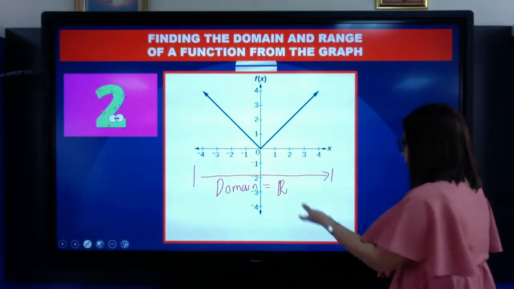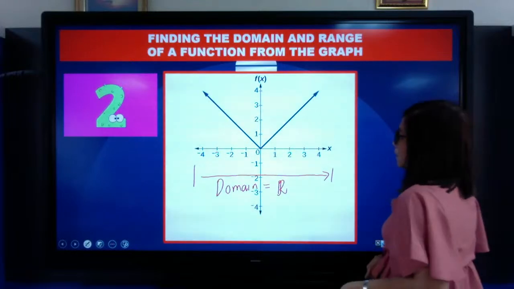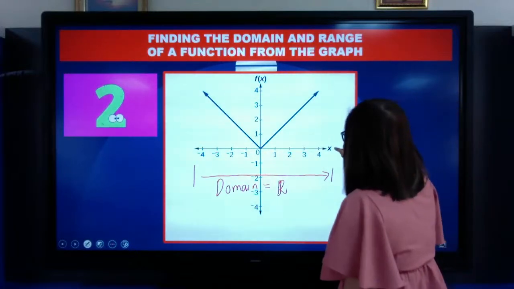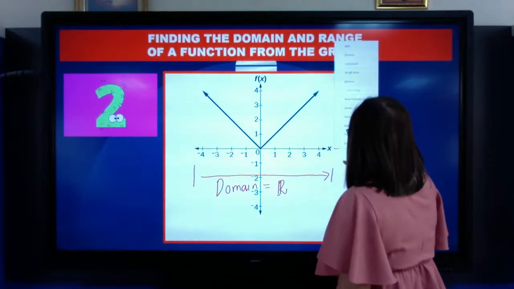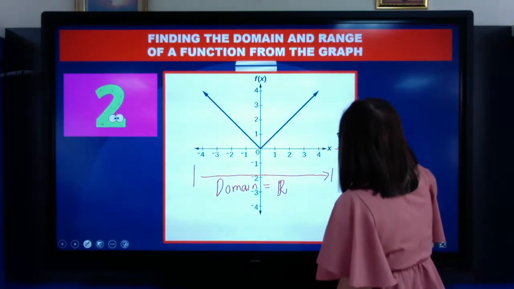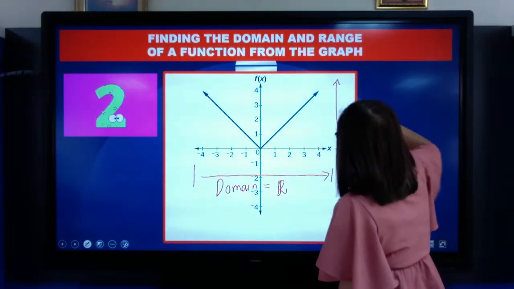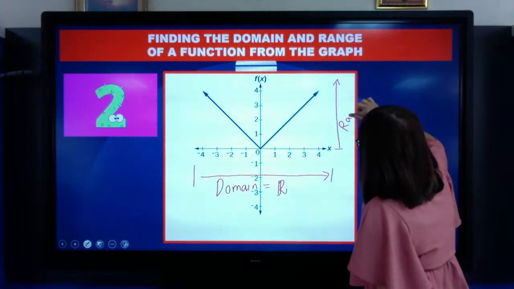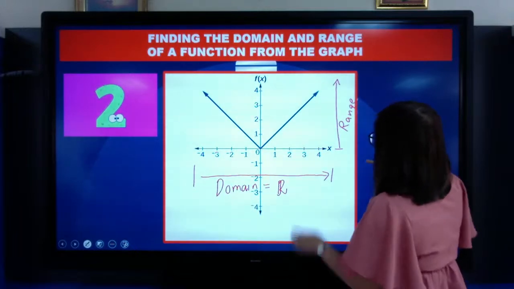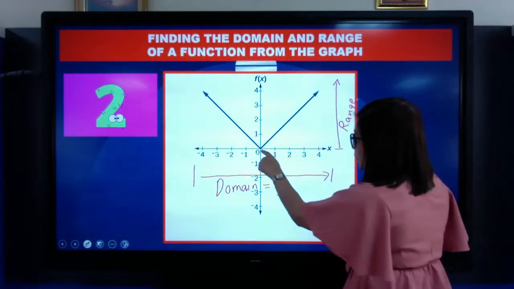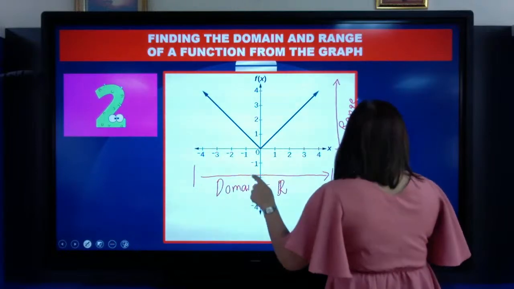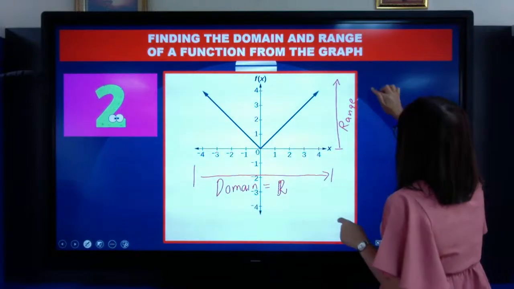How about for the range? The range is from what? Down, down, down, up. This is for the range. Okay? So what is the range? Look. 0. So how do you write it?